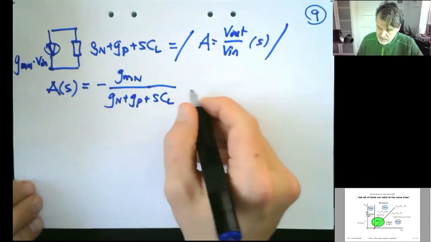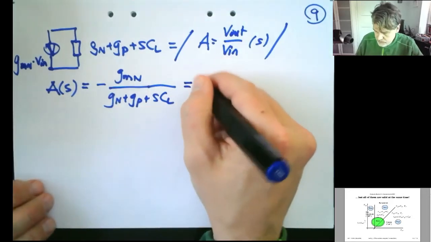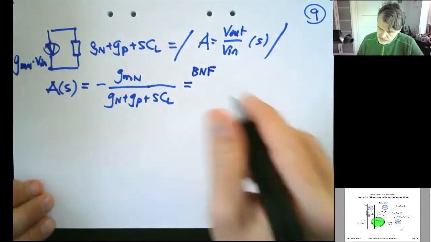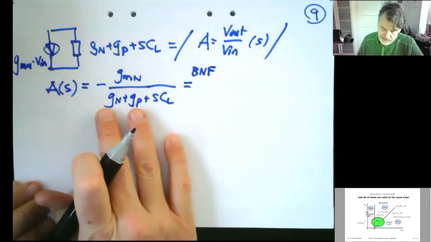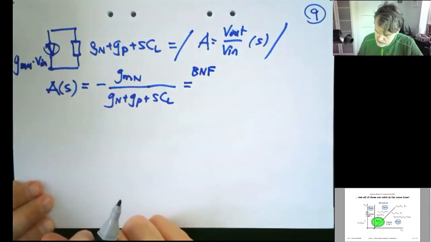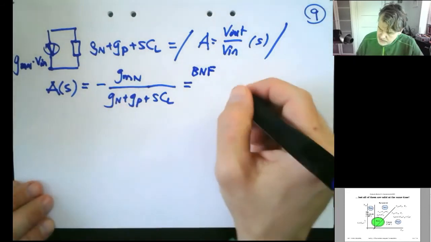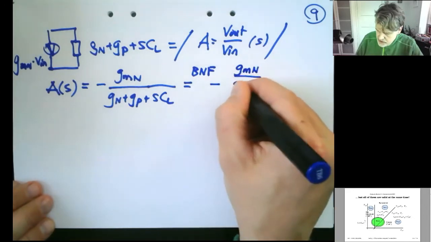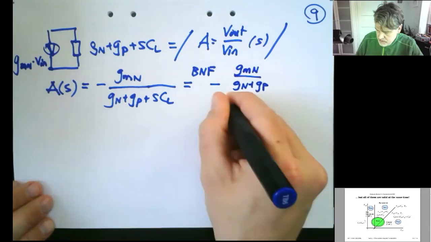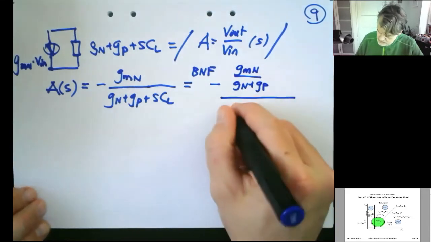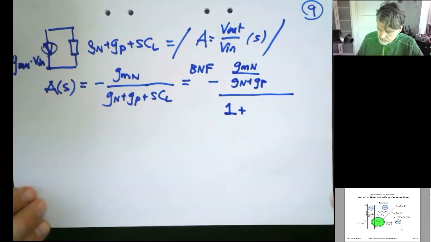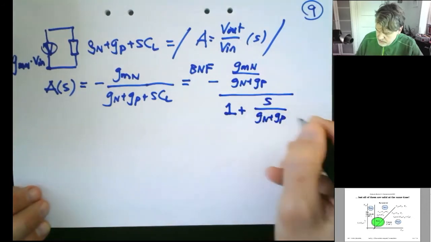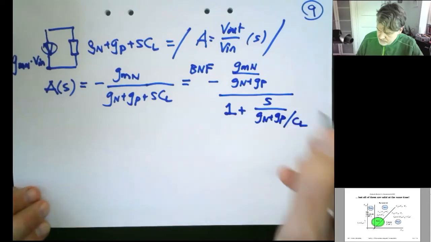But let's just write this in Bode's normal form, BNF. So I'm going to extract this part of the denominator, and then I get minus GMN divided by GN plus GP, and then 1 plus s divided by GN plus GP over CL.